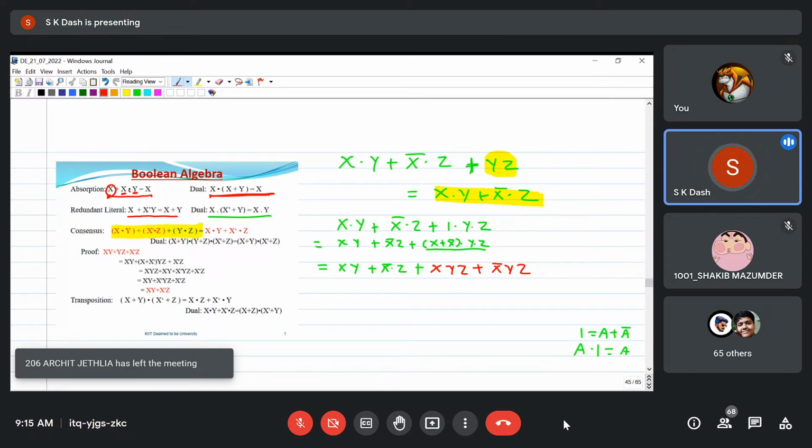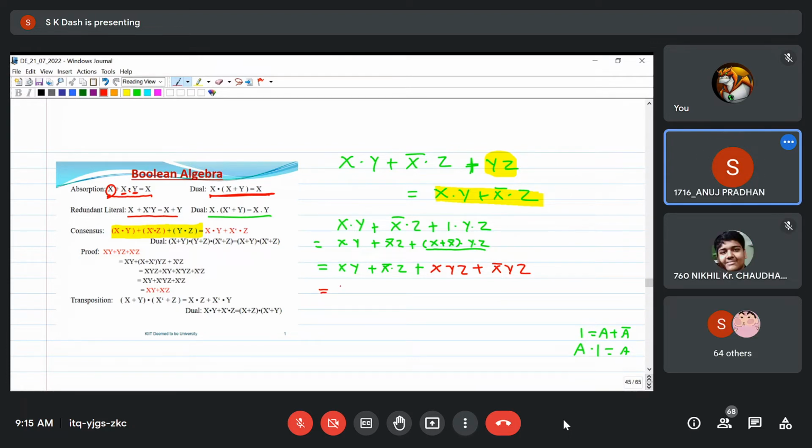Now check the first term and third term. Can you take something common? Only x? We can take xy common. So if we take xy common, this will become xy dot (1 plus z), plus the second term and fourth term. We can take x bar z common.